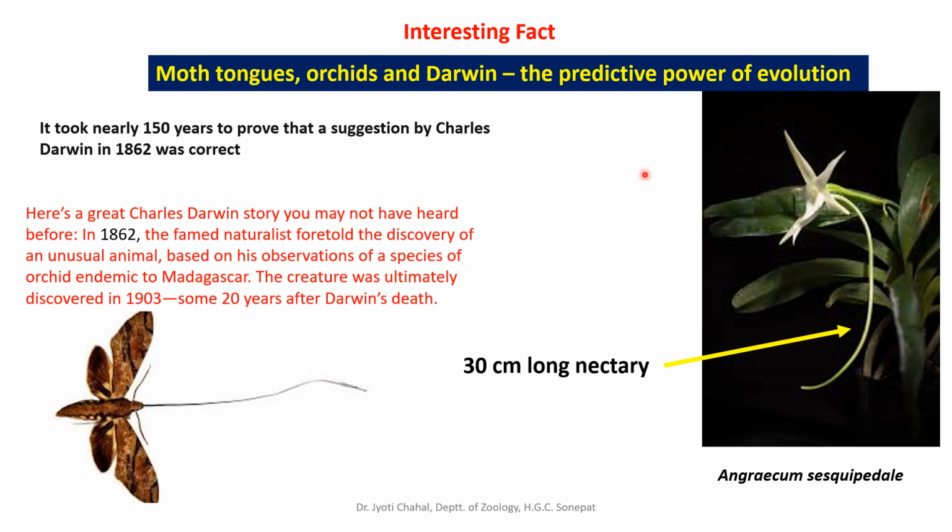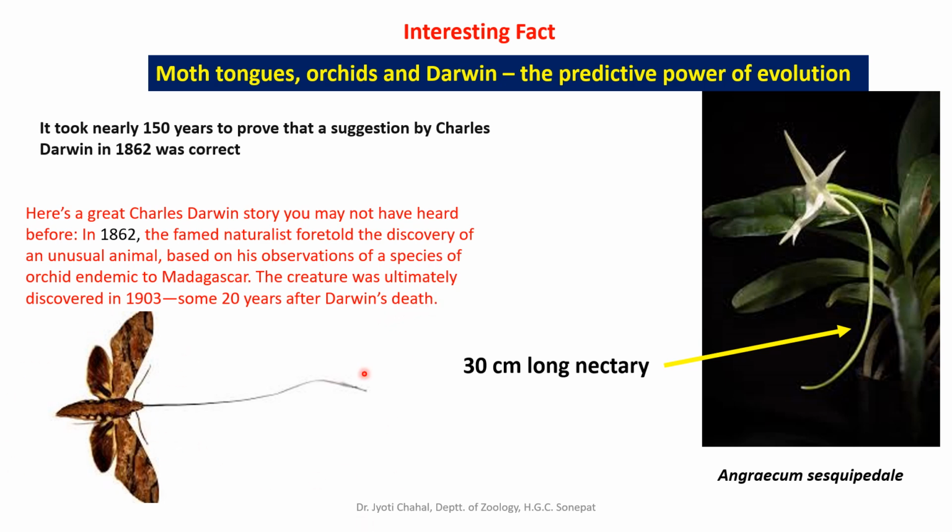So Darwin speculated in 1862 that an unusual animal, that means a moth, must be present which can pollinate the species of orchid which is endemic to Madagascar, that means which is found only in the Madagascar region. And this creature was not discovered at that time in 1862. It was discovered in 1903, some 20 years after Darwin's death.